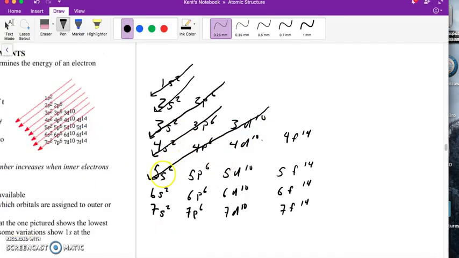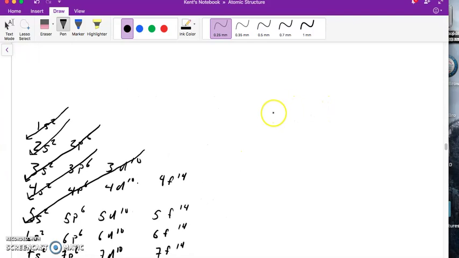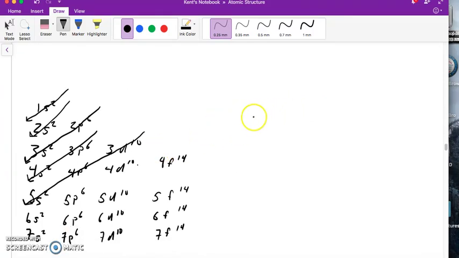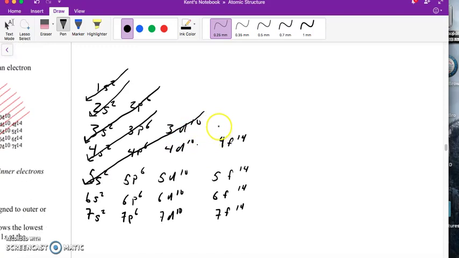If we wanted to visualize this, the shapes are really tricky, and I don't want to build a misconception in your mind. But 5s is farther out, while 4d is higher energy, so it fills from lowest energy. So s is filled before d because d is higher energy, even though it's closer to the nucleus on average. So 4d is filled, then 5p, then 6s.